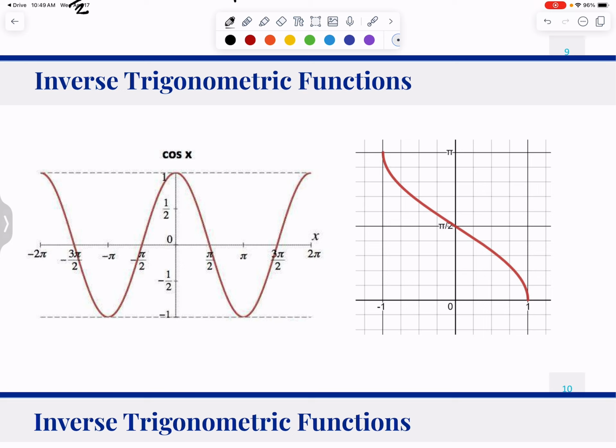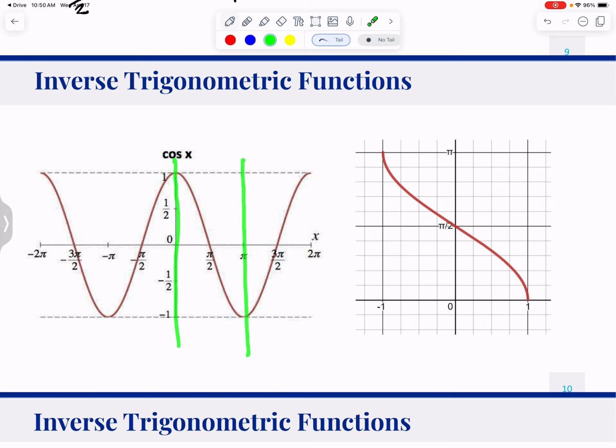Our cosine function has a little bit different of a restriction because if we use that same negative pi over 2 to pi over 2, notice I still don't pass the horizontal line test. So to get a unique clip of the cosine function, to get all the unique values of cosine, not necessarily the full pattern, we restrict cosine from 0 to pi.